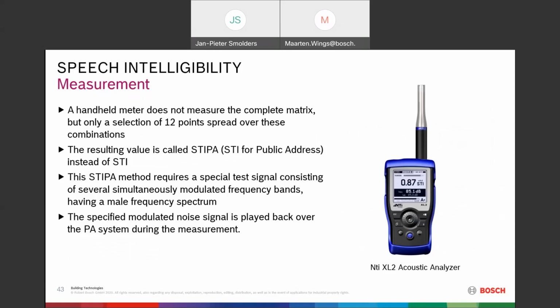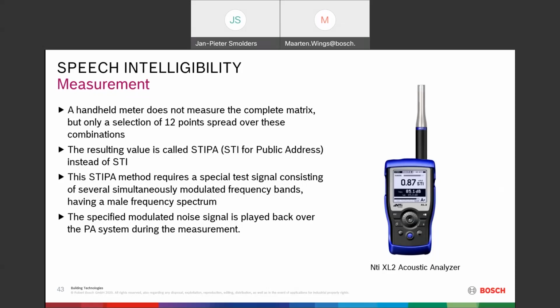In order to test this, you will need a special test signal, a modulated test signal, in order to reproduce these octave bands and all modulation levels. Now, if you buy a measurement device like this, you will get this modulated sound with it.